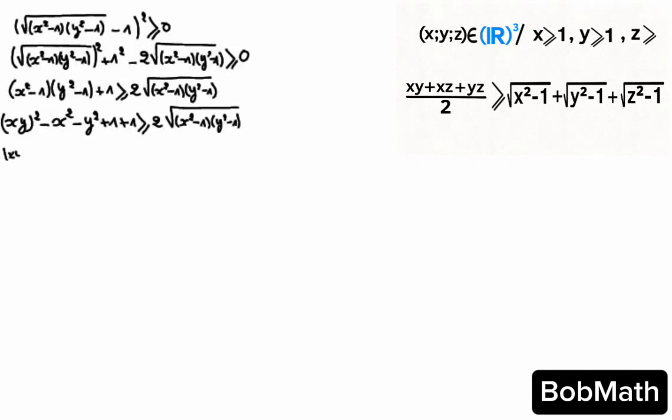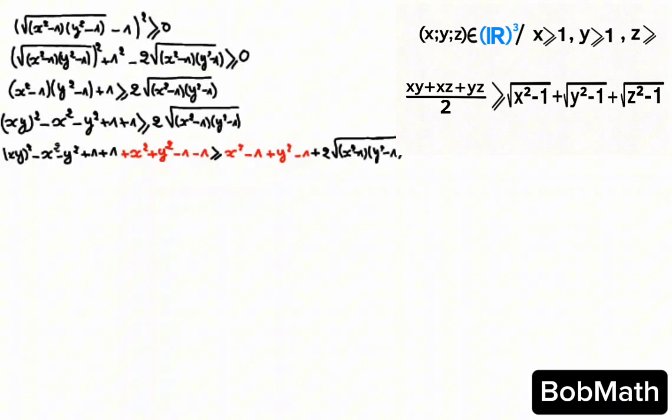Then (xy)² minus x² minus y² plus 1 plus 1. Now we add the number x² minus 1 plus y² minus 1 to both sides of the inequality. So x² plus y² minus 1 is greater than or equal to x² minus 1 plus y² minus 1 plus 2 times the square root of (x² minus 1)(y² minus 1).